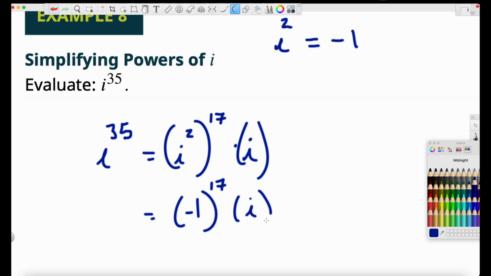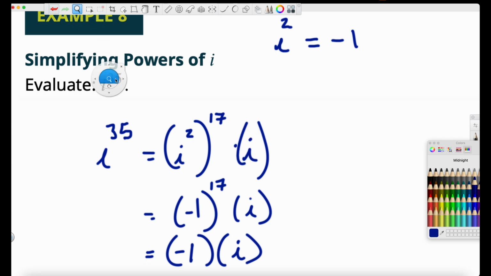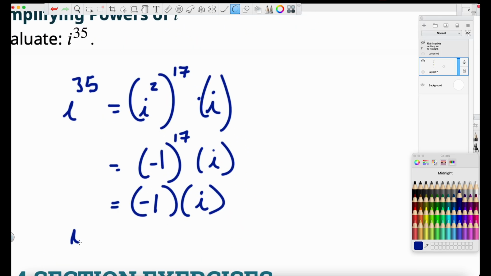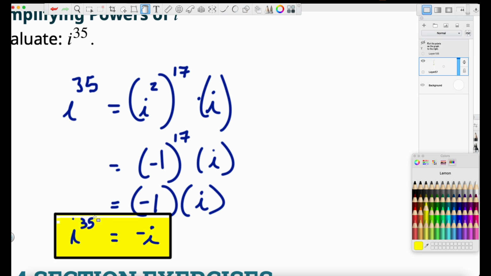Let's substitute i squared in there, it's -1. If we raise a -1 to an odd power, it's going to be negative. So -1 times i is -i. And we're done. Okay, y'all, I hope that makes sense. It's a lot here. We'll do some practice and see if we can wrap our head around this complex situation.